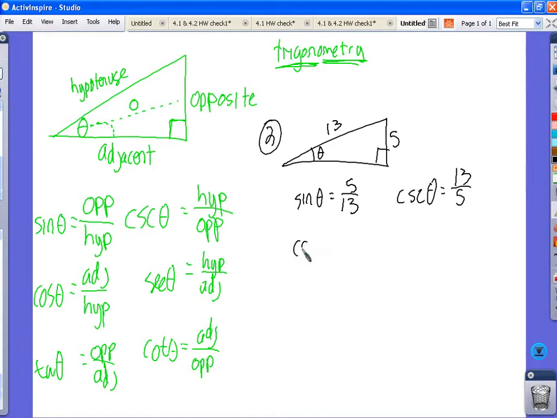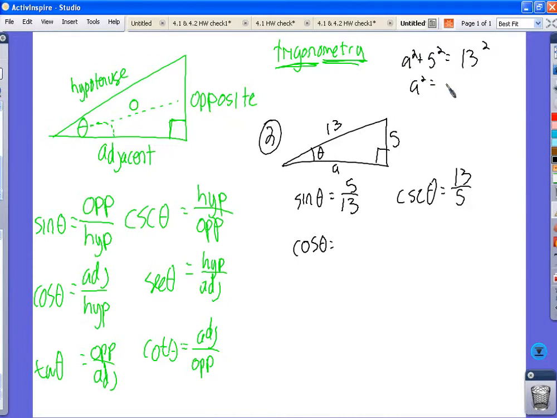Can you tell me the cosine at this moment? No. Not yet, we need the adjacent side, so we'll call it A for adjacent. How do we find that third side? Pythagorean theorem. A squared plus 5 squared equals 13 squared.